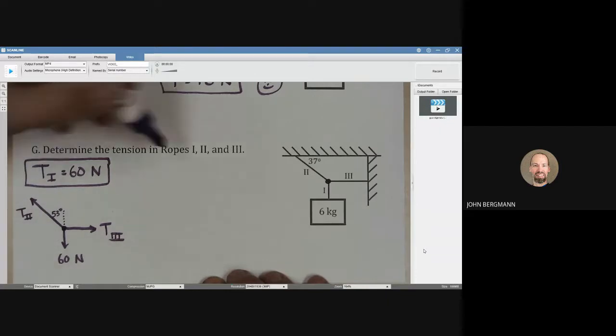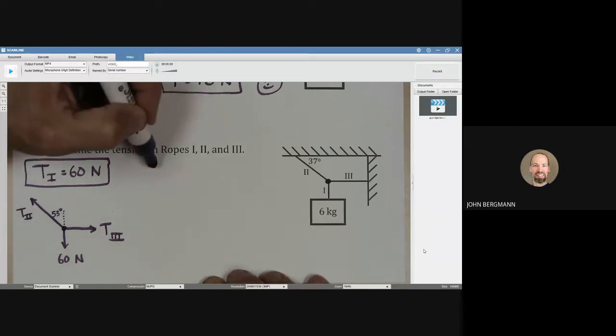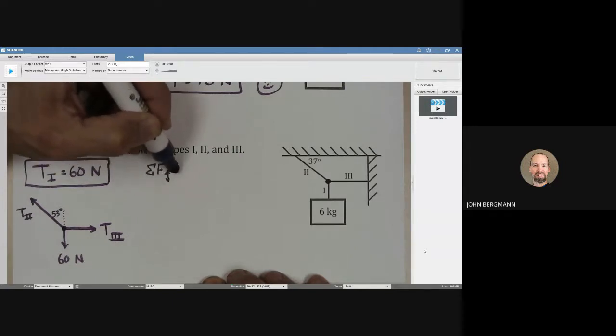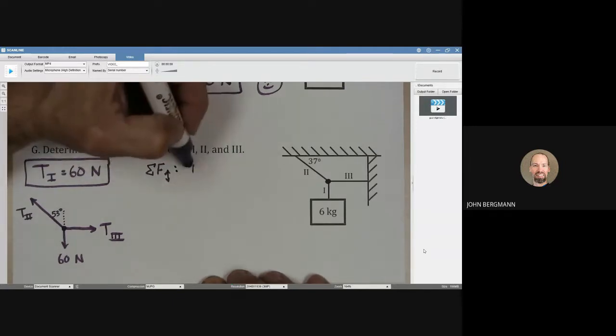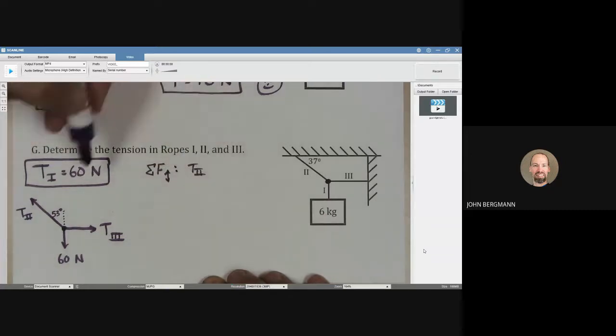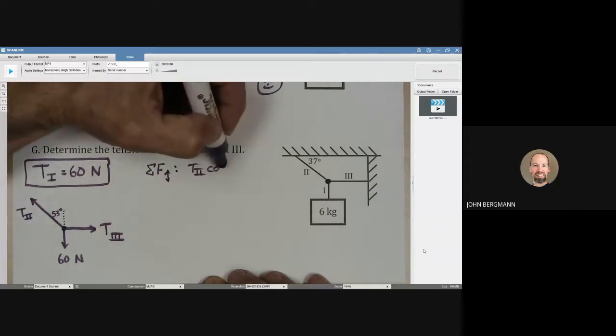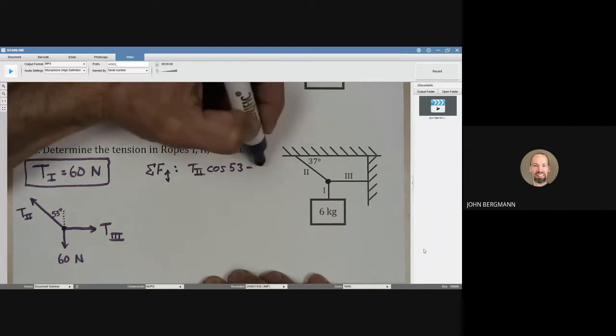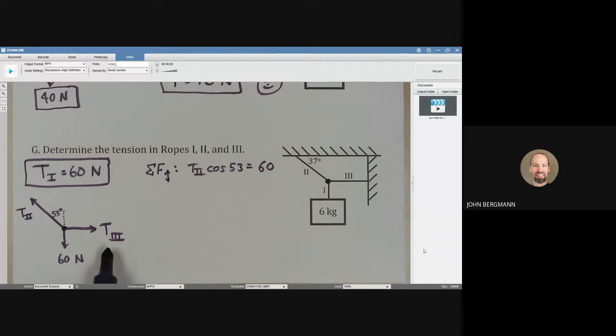Let's now look at this picture, and how about we sum the forces in the up and down direction? Well, that's going to be T2 times the cosine of 53, and that should essentially equal 60, because this T3 doesn't have an up and down component at all. So we only have the 60 that's acting downward, which has to be exactly offset by that tension multiplied by the cosine of 53.